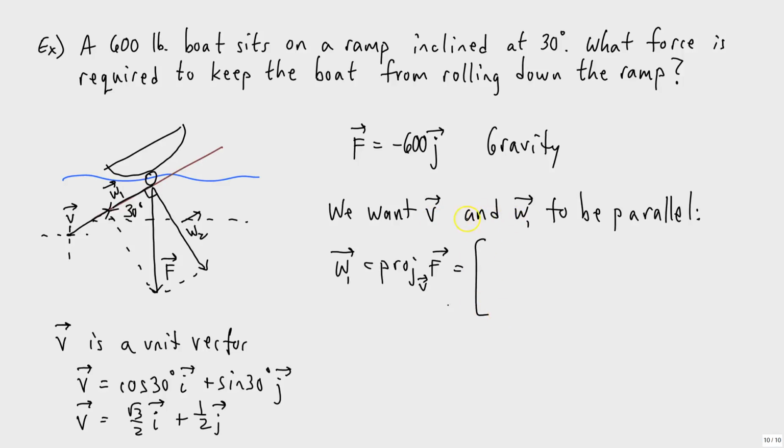So we're going to do the dot product of F and V. So the dot product of F and V would be 0 times root 3 over 2 plus 1/2 times negative 600, divided by the square of V's magnitude, which is 1. And we multiply that times V.